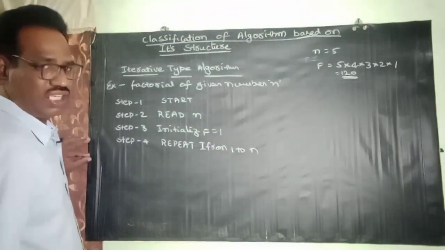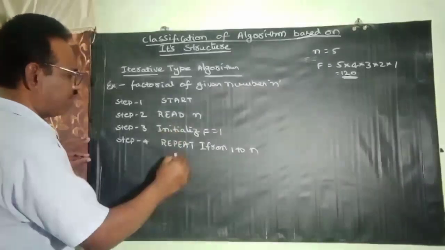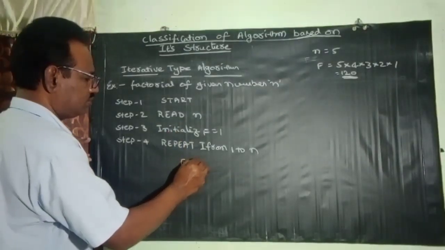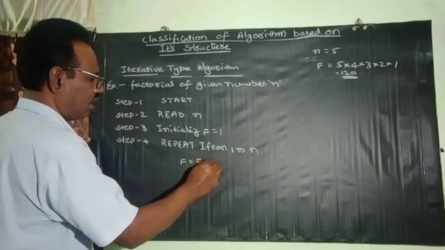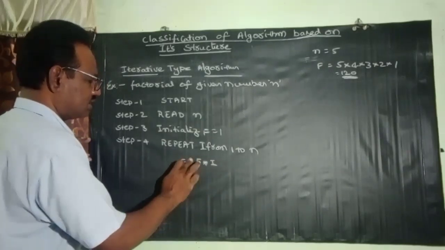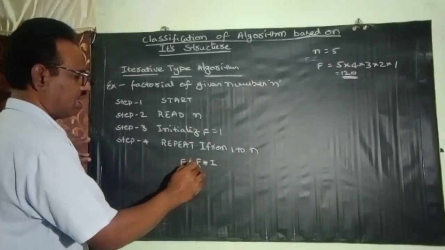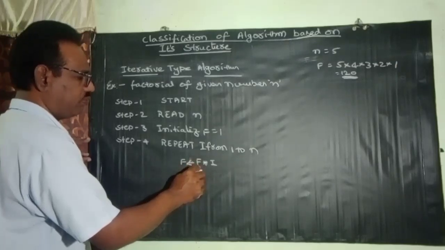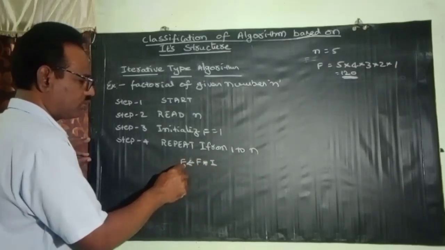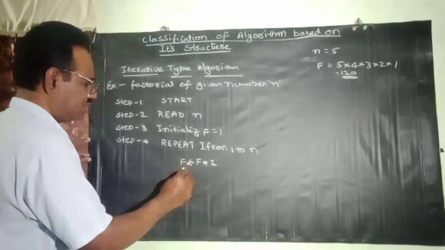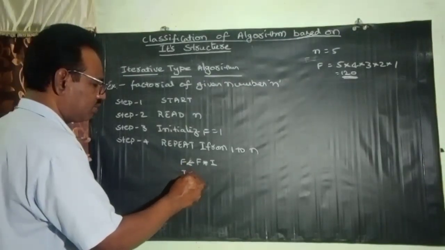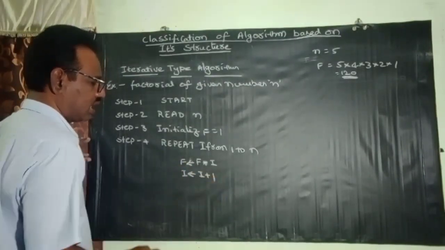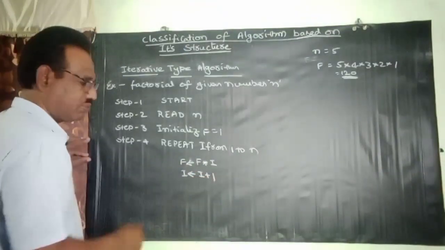First I have to calculate f equal to f into I, that is, multiply f and I and store that in f again. Then I equal to I plus 1, updating the I value with an increment of 1.